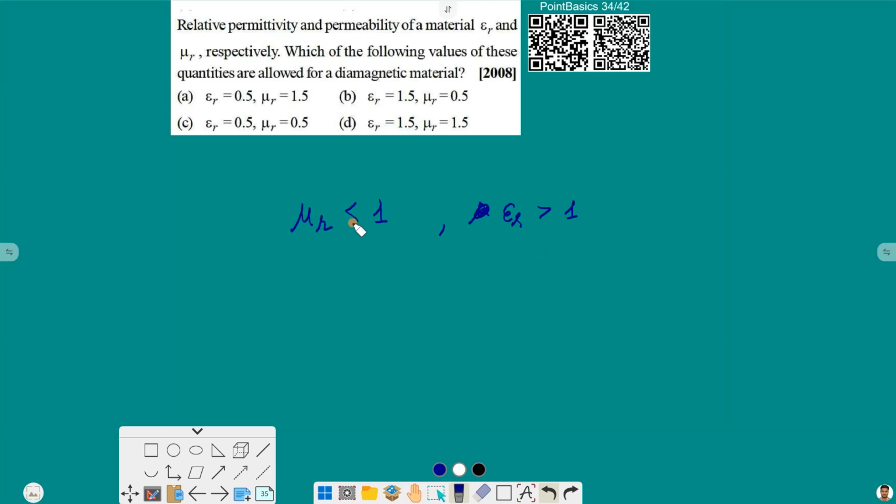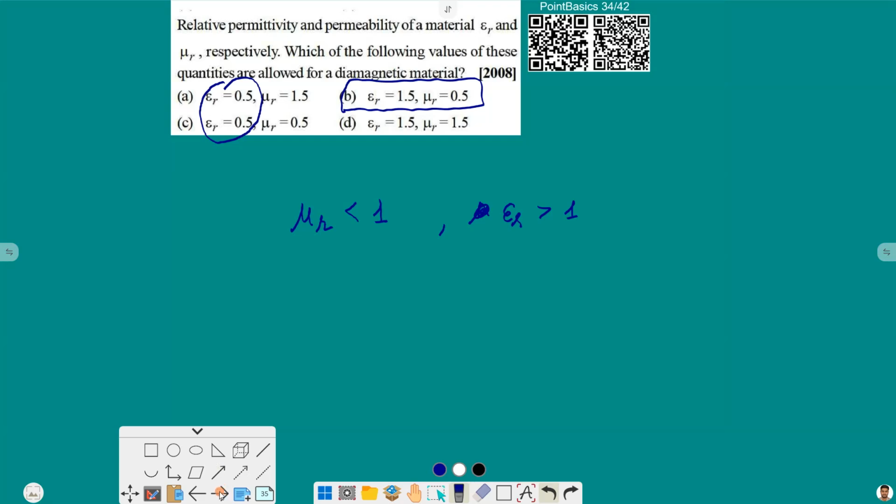So we have to choose that option, and these two options are directly neglected as here epsilon r is 0.5. These two options are possible, and of those option B is possible as mu r is less than 1. Option D represents a type of paramagnetic material, and B represents a diamagnetic material.